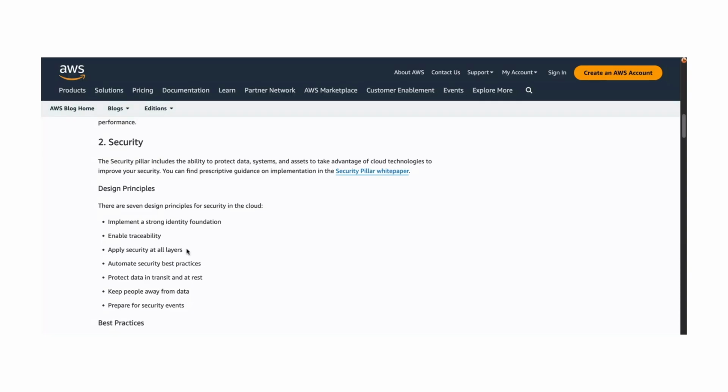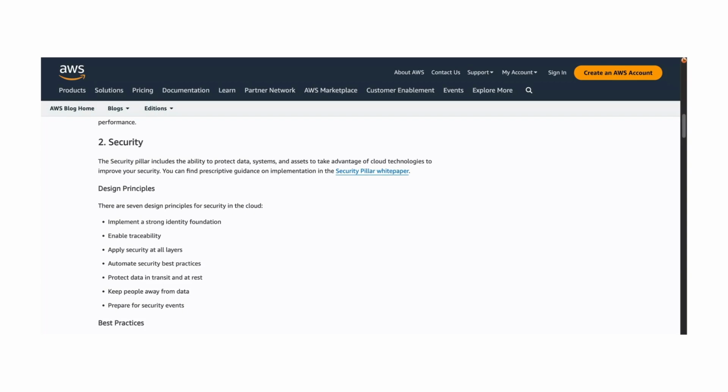Next, apply security at all layers. We should implement security controls at every layer using services like WAF, AWS Shield, and Amazon VPC security groups.